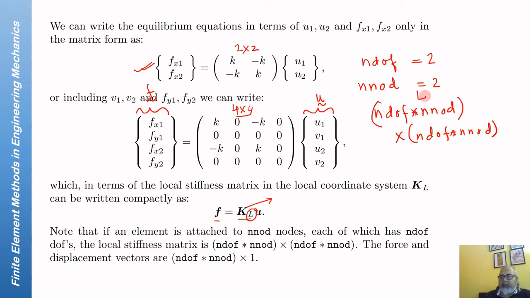And in our case, this is 4, this is 4, so my stiffness matrix is 4 cross 4.